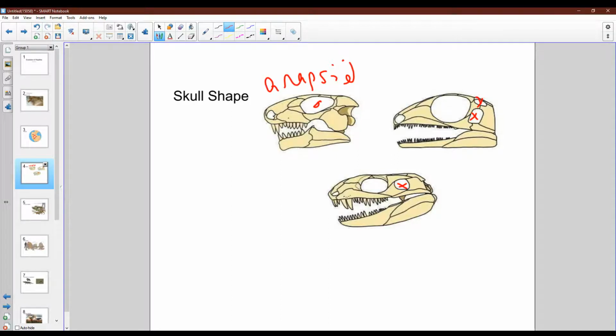Then there are diapsids. This is the two here, diapsids. And these are modern reptiles and birds that have these two openings. And then this group down here are called the synapsids, which only have one opening. And these reptiles are extinct now.